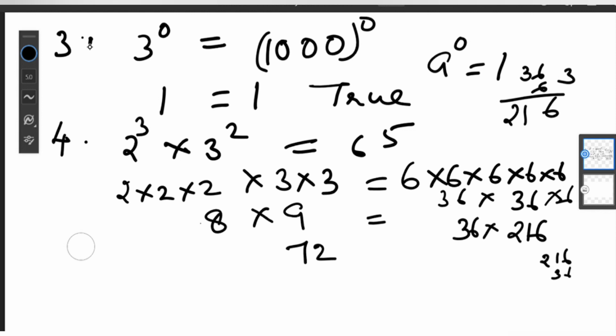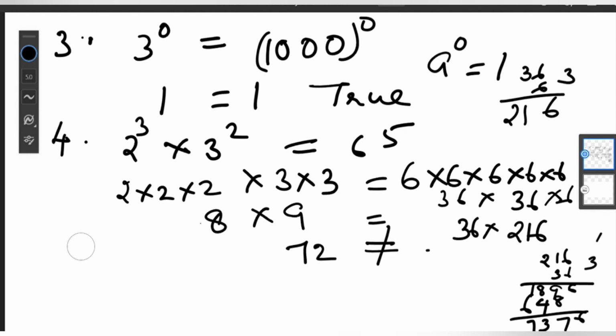216 into 6, that is 36 into 6 we had found. Okay, that is 216 which has to be multiplied with 36. 6 into 6 is 36, 6 3. 6 plus 3 is 9. 18. 9 plus 9 is 18. 9 plus 8 is 17.